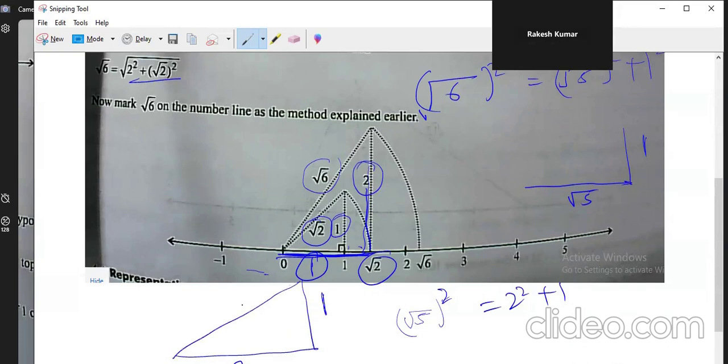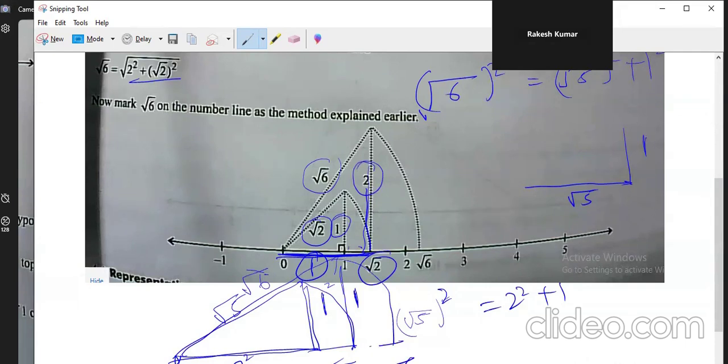This will be root 5, because 2 square plus 1 square is root 5 square. Then you start with 0, 0 to 2, 1. You'll get this as root 5. Then make 1 on this and then join this. That will be root 6. Bring it here.